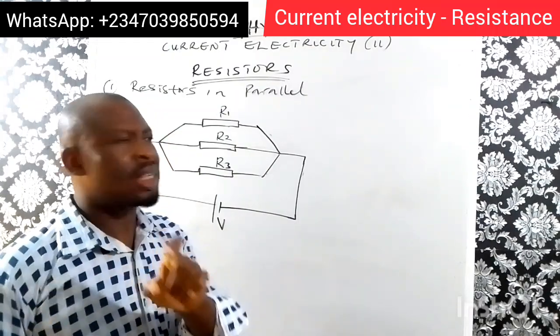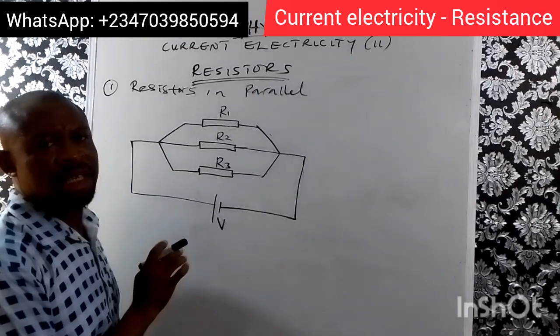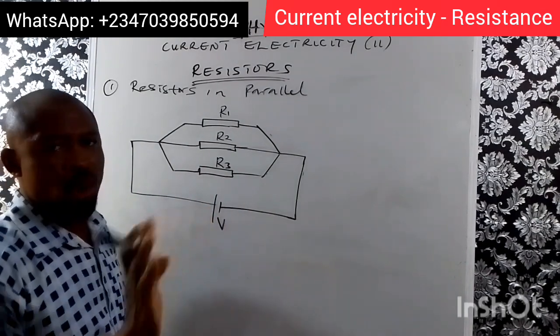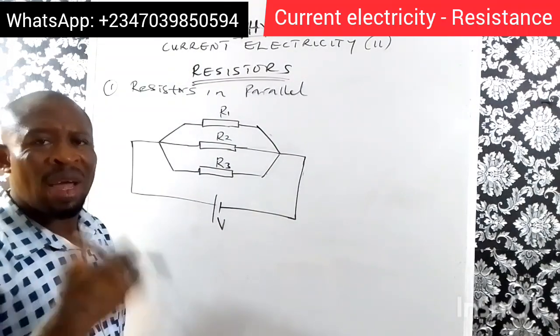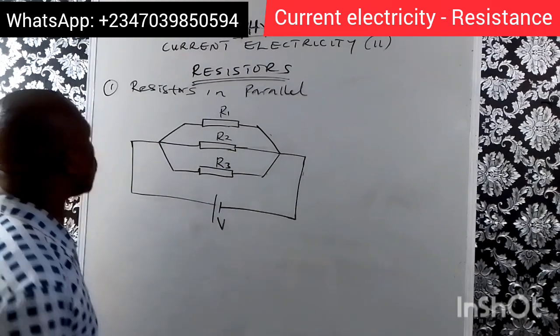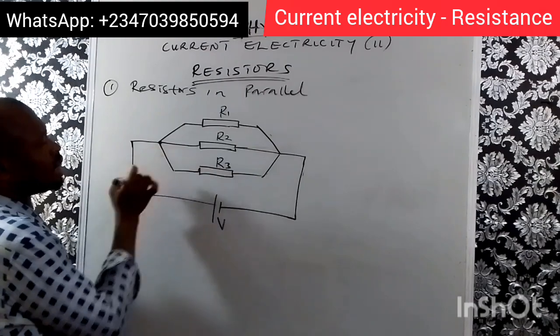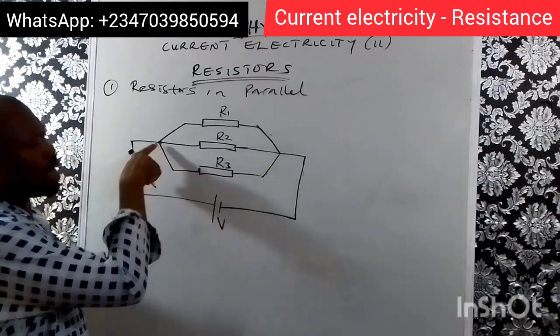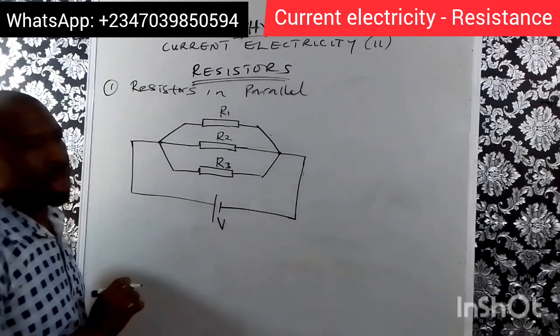Now we have the resistors in parallel. If resistors are connected in parallel, you can have something like this. Though there are different ways of connecting resistors in parallel, we are going to x-ray some of those ways. Once you get here, there is a junction here, and another junction here.